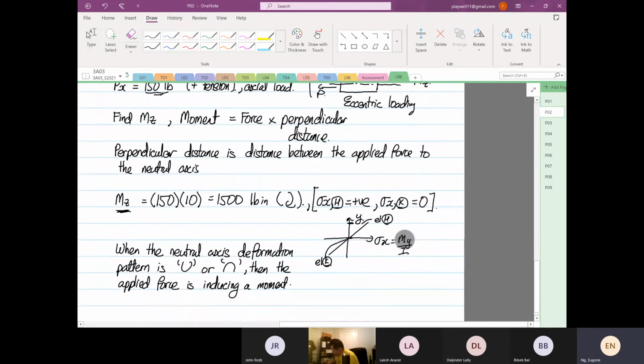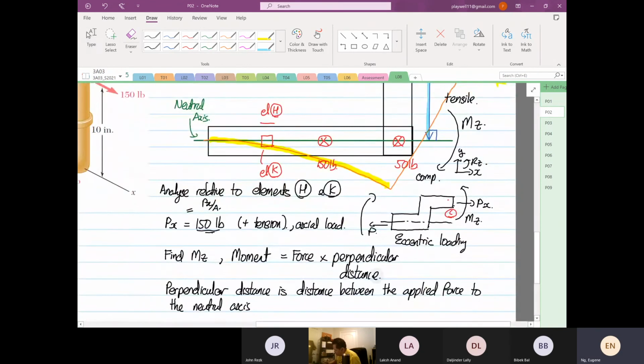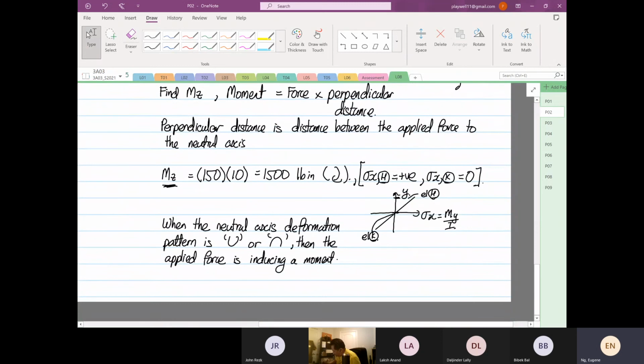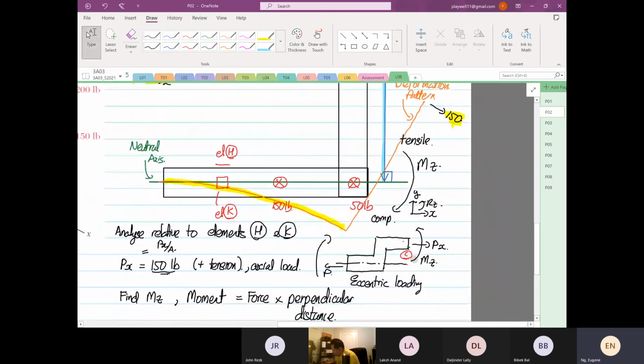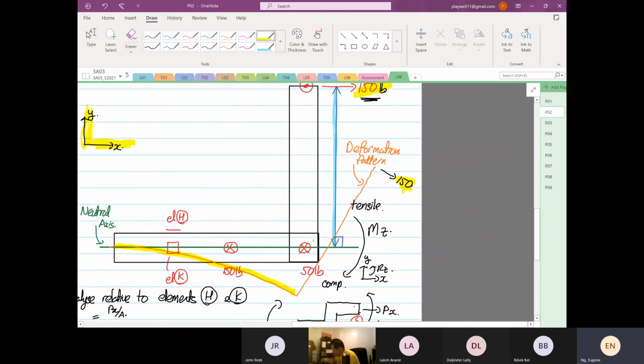When the neutral axis deform pattern is either a smiling face or sad face, then the force is inducing a moment. And the moment is not relative to the element, but to the what? Perpendicular distance. Okay, so if the distance is perpendicular to the neutral axis, you use the perpendicular distance.